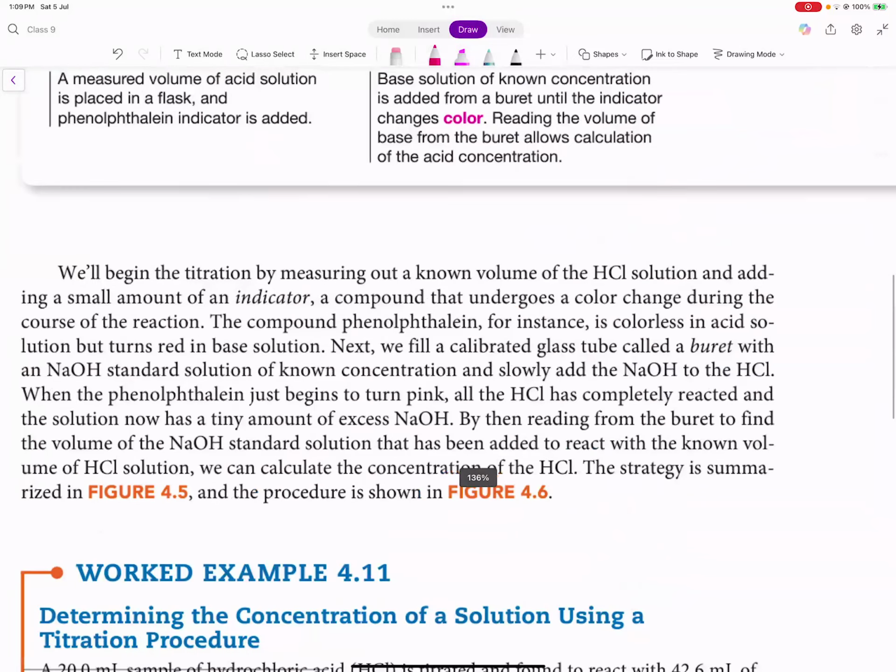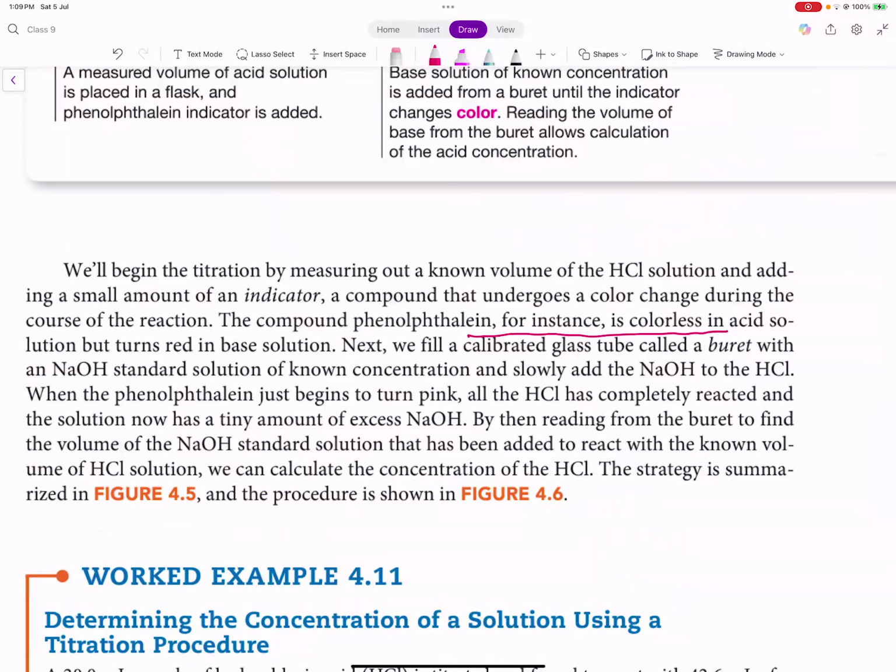Phenolphthalein is colorless in acid solution, but turns red in basic solution. Next, we fill a calibrated glass tube called a burette with an NaOH standard solution of known concentration and slowly add the NaOH to the HCl. When the phenolphthalein just begins to turn pink, it means all the HCl has completely reacted and the solution now has a tiny amount of excess NaOH.